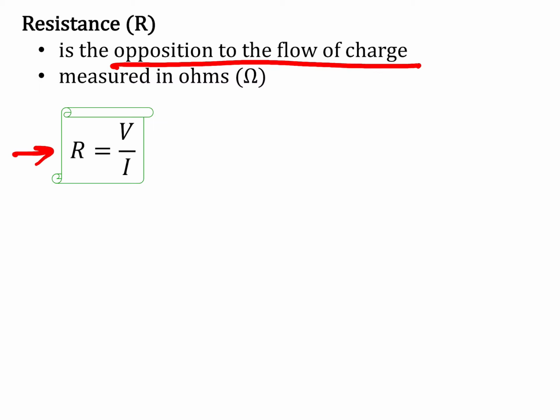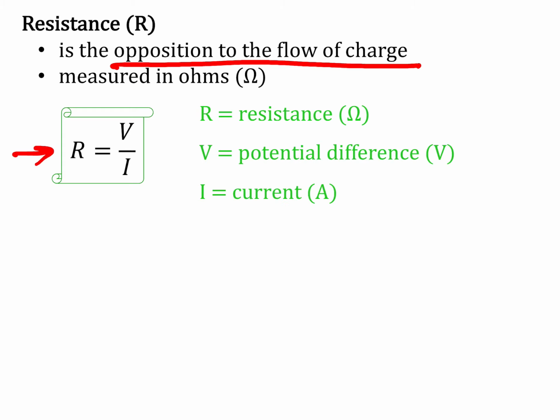So now we get the equation R equals V over I. It comes from Ohm's law. You are going to use this equation over and over again. R is resistance in ohms, V is potential difference, I is current.